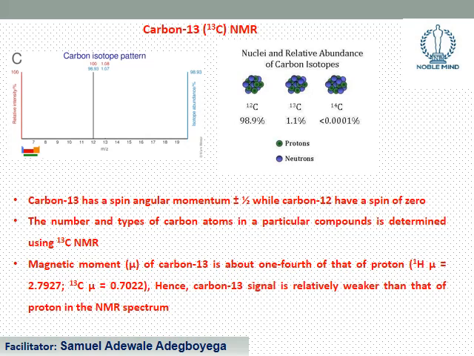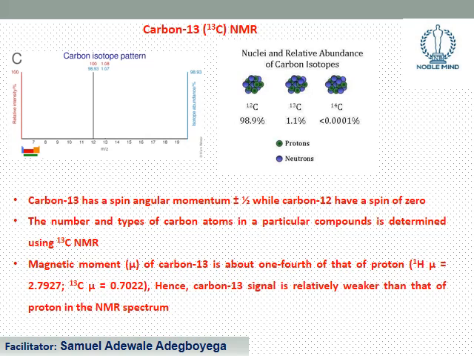So we are concerned about carbon-13, which has a spin angular momentum of plus or minus half. If you ask why not carbon-12, carbon-12 has a spin angular momentum of 0, so it could not be observed in NMR. So the number and type of carbon atoms in a particular compound may be determined using carbon-13 NMR.